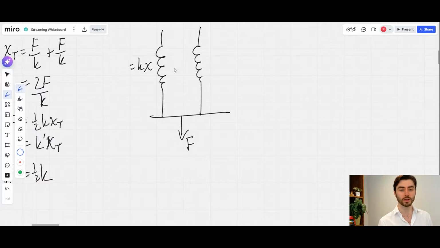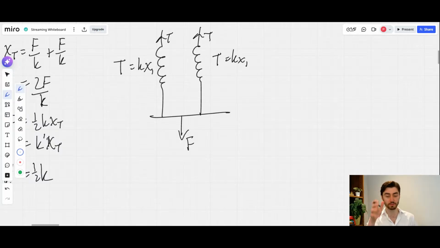So that's going to be F. I'm going to call these T for tension. So I'm going to say the tension is k times x1 in this one. The tension is k times x1 in this one because the extensions have to be the same if they are in parallel. And what we know is that F is equal to 2T. Assuming these are the same spring and have the same spring constant, then the forces will be the same.